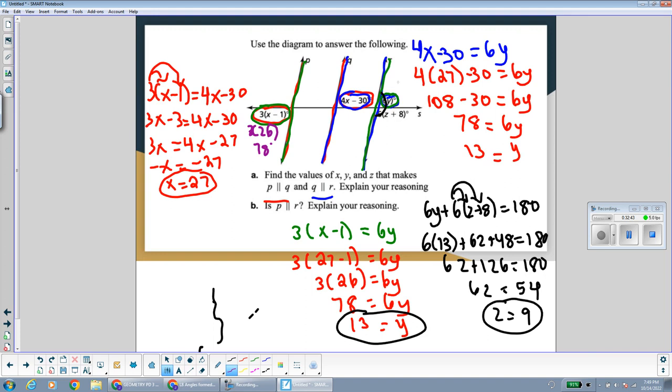We know that y is 13. We found that. 6 times 13 for this angle over here would also be 78. So yes, with the values that we found, the lines would be parallel because the alternate exterior angles are congruent, showing that lines P and R are parallel to each other.